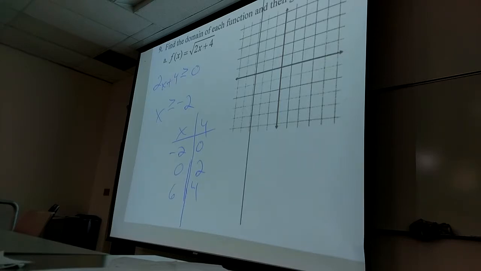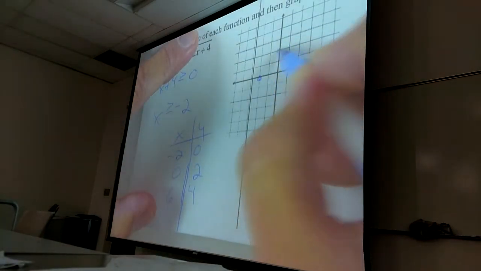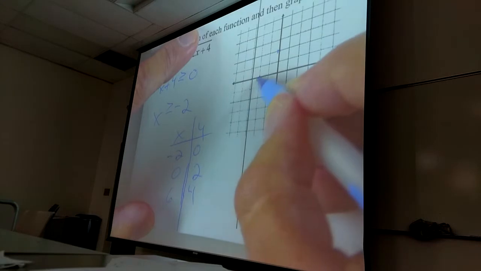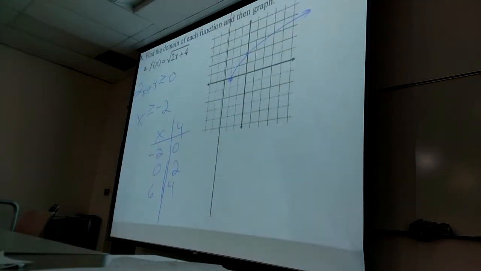Why did it lose its bottom half? Because it can't be negative. So I know it looks like this. I just need a few points so I can connect them in that shape. So if I know the shape of functions, I need fewer points. So now I can just plot negative 2, 0, 0, 2, 6, 4 would be way out there, but I got the general shape of it. That's what it generally looks like.